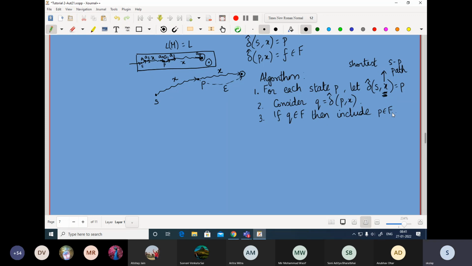So anything else? Any other ideas? See, you don't know this particular P. You don't know where the middle point is for XX. So what can you do?